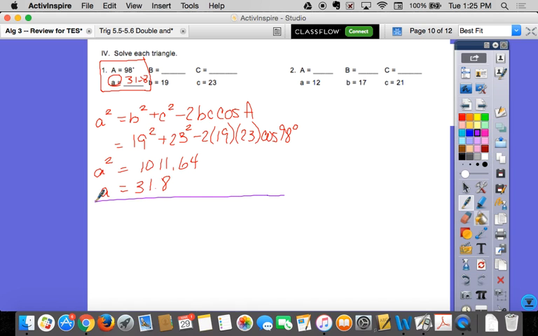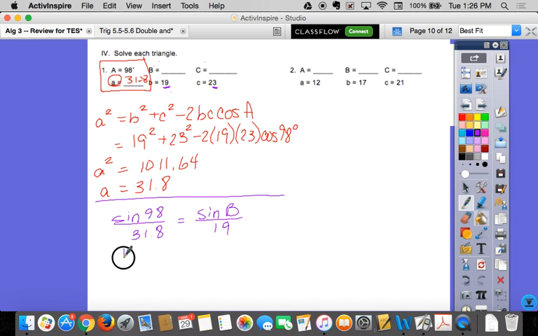Now, if you change to the law of sines, I advise you to do the smaller angle first of B and C. How do you know which one's smaller? Which side is the smallest? 19. So the angle opposite it would be the smallest. So find B first. So you have sine of A over little a equals sine of b over little b.